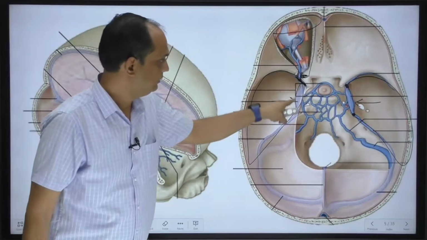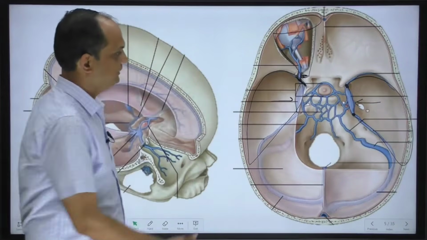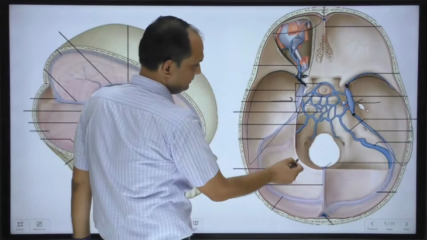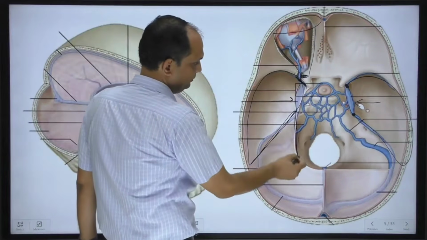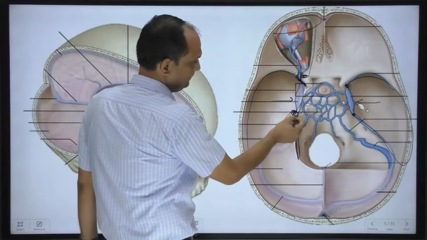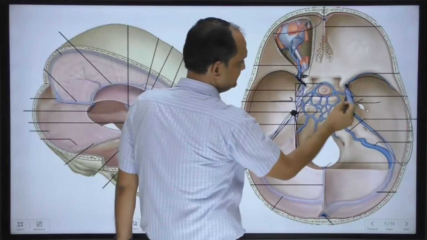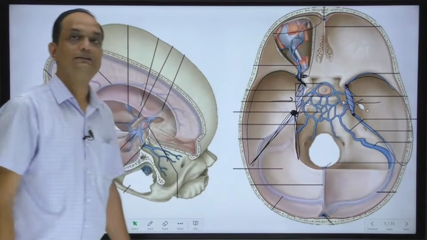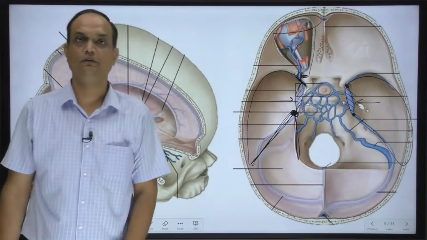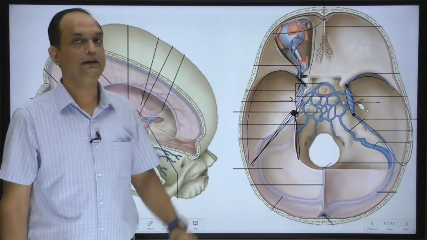The sinus is elongated in shape, and when you see the posterior part, this is your petrous part of the temporal bone. So this is the apex of the petrous part of the temporal bone. So the cavernous sinus is a paired sinus, present on both sides of the body of sphenoid. It is present in the middle cranial fossa.